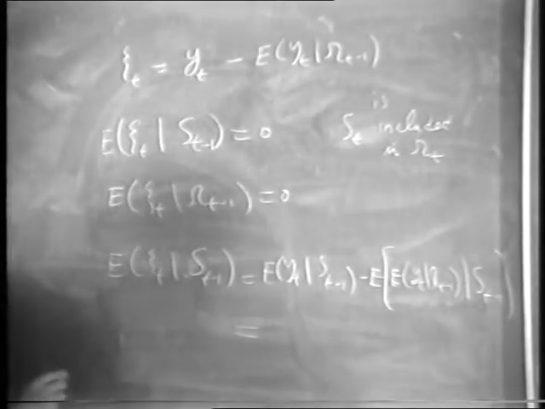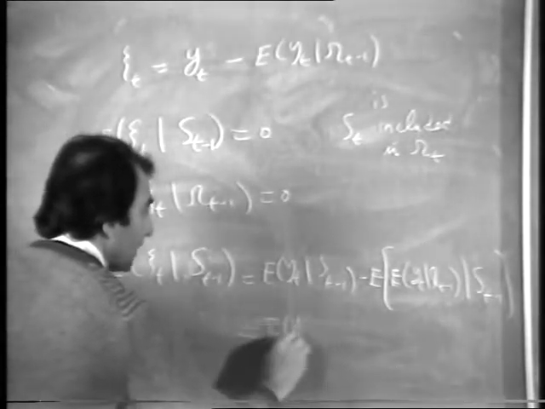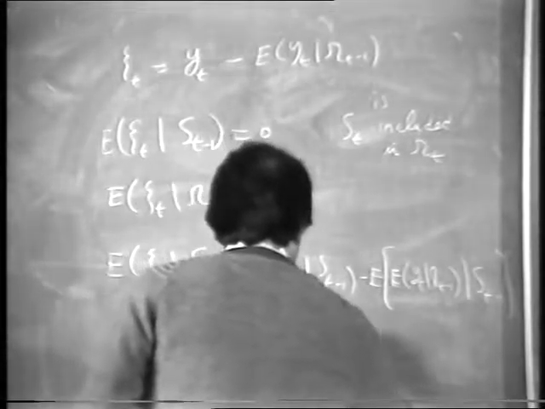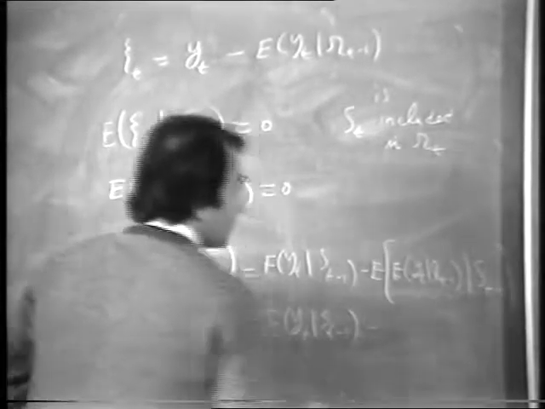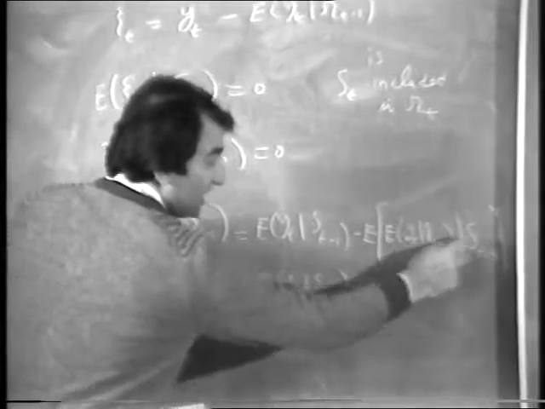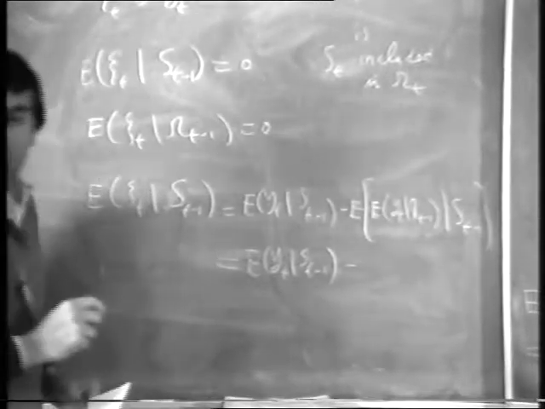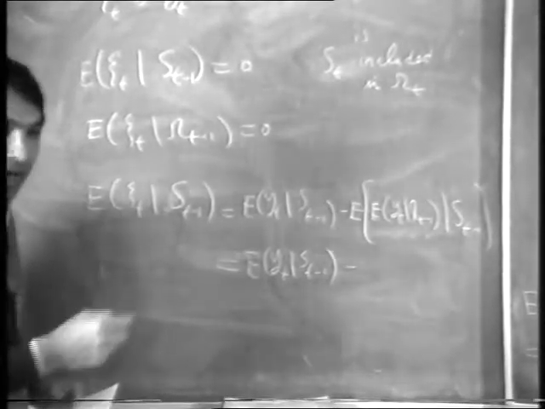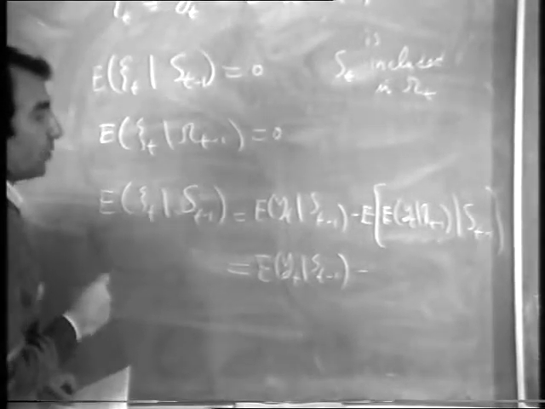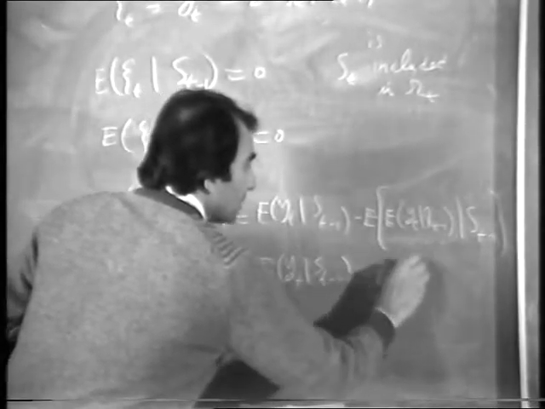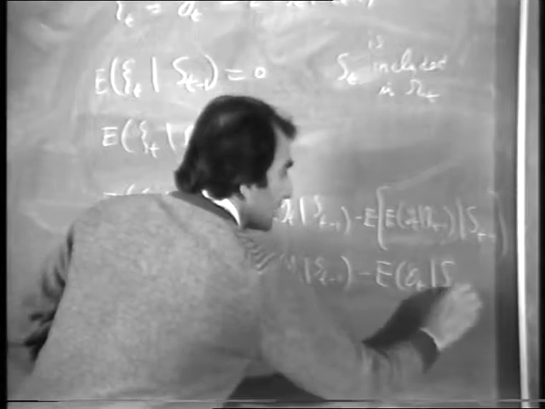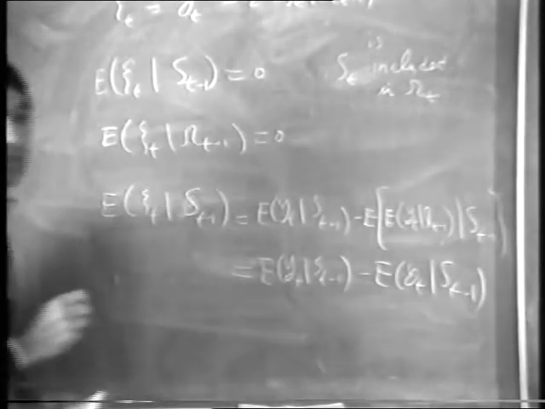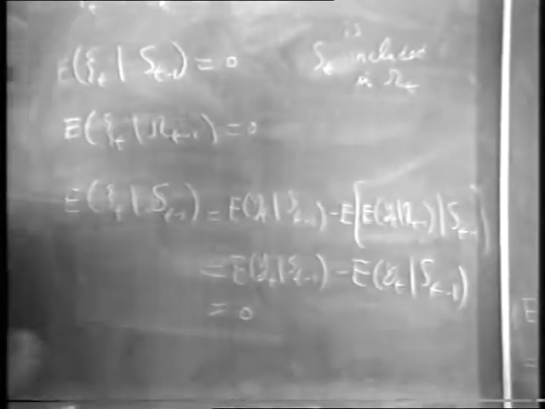But that is therefore equal to yt given st minus 1 minus, since st is already included in omega t minus 1, applying the rule of iterated projection, that has to be equal to yt conditional on st minus 1. So that the whole thing has to be 0.